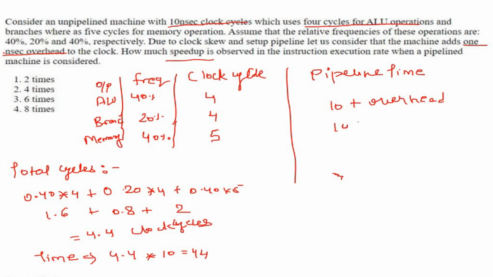So it would be 10 plus 1, that is 11, the time for your pipeline. Now speed up would be non-pipelined divided by pipeline, that is 4, and this is the second option, 4 times. I hope this question is clear. So this is all about the computer architecture and organization subject.